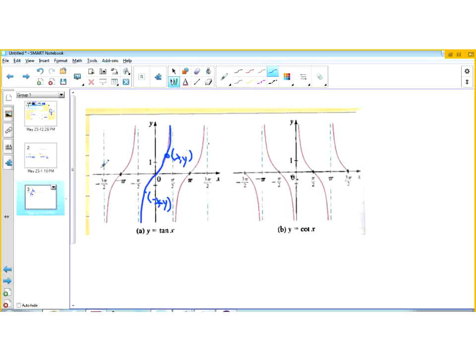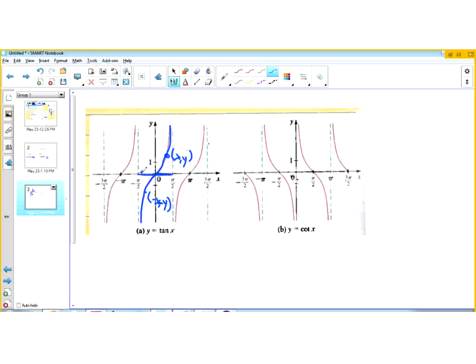graph the periodic structure of the tangent function, you just take this blue branch, copy it, and then paste it on the next period. We'll discuss this in the future when we talk about principal parts of the function.